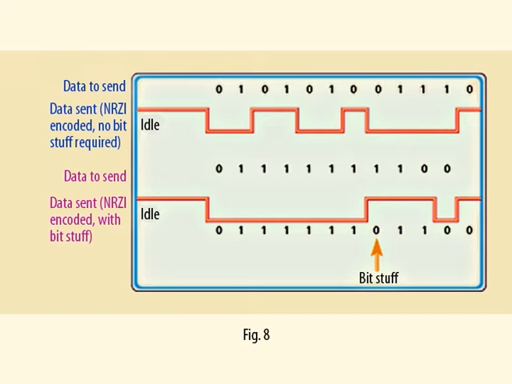Note that whenever the data is logic 1, the encoded waveform level remains constant. Whenever the data is 0, the level is flipped or inverted, that is 0 becomes 1 and 1 becomes 0. Thus, zeros in data cause transitions in encoded waveform which help receiver clock to synchronize with the transmitter clock timing.